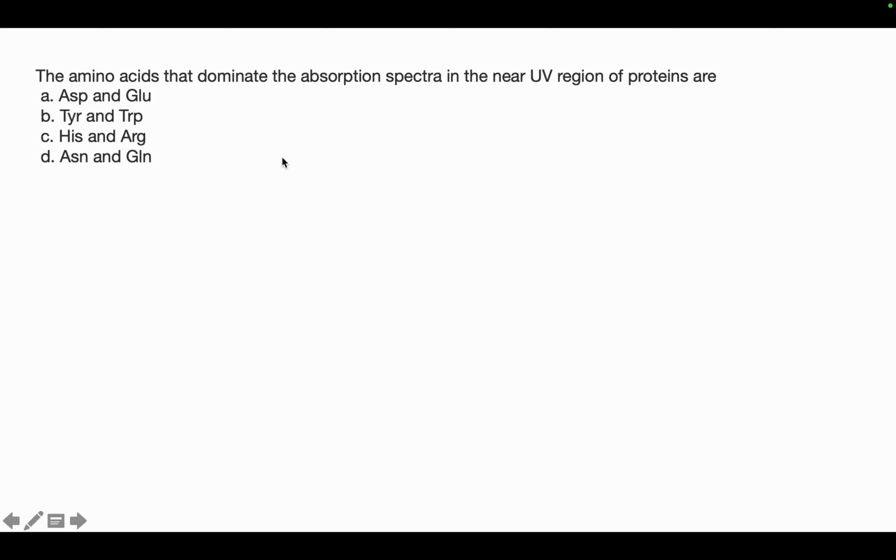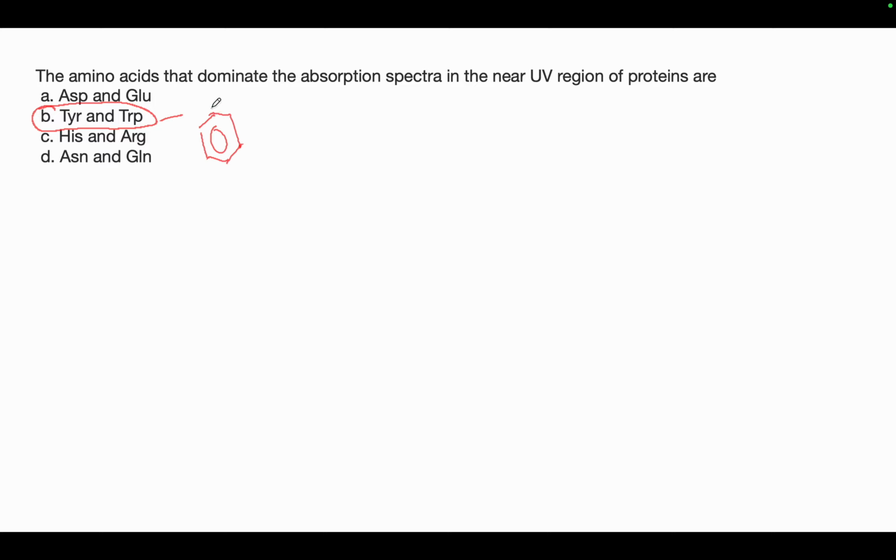The amino acids that dominate the absorption spectra near the UV region of proteins are, so near UV region we have maximum absorption of tyrosine and tryptophan. Both are aromatic amino acids.